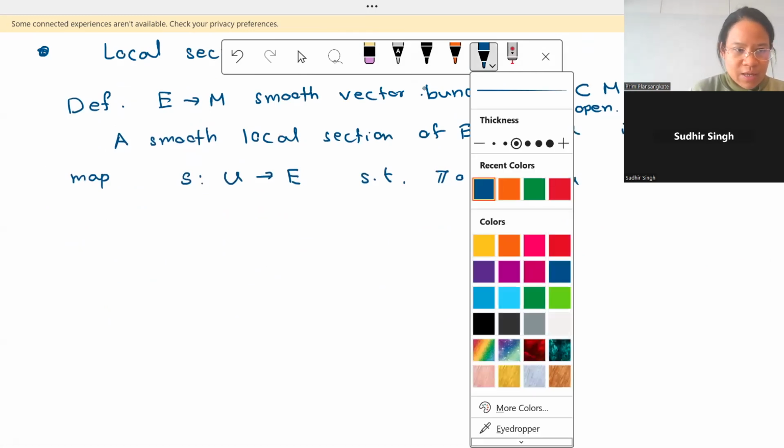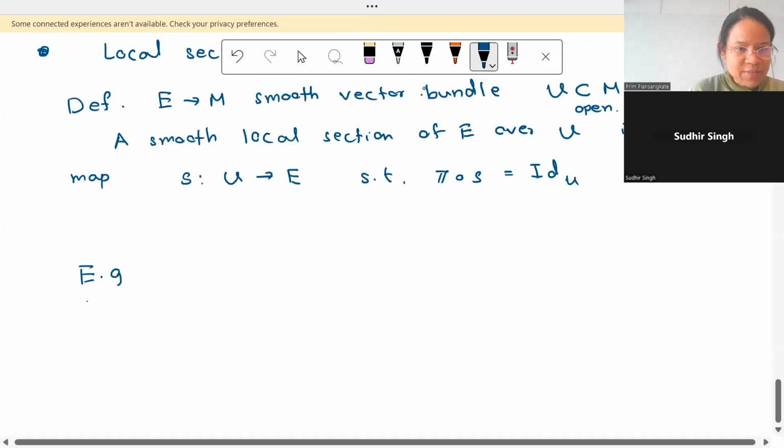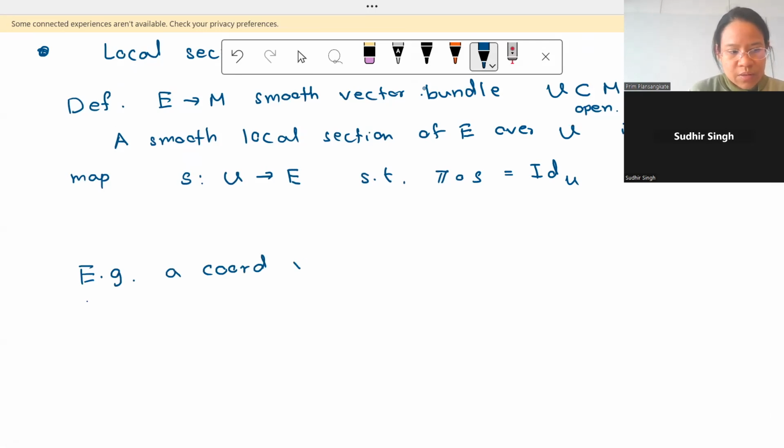But let me just say a specific example, like a coordinate vector field.